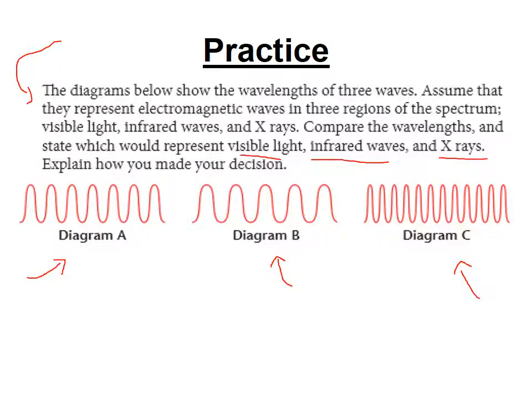And what you need to do is explain which wave corresponds to which term. So for example, does diagram C represent an X-ray? Is it an infrared wave, or is it visible light? So try to use your knowledge of wavelength to sort out which wave belongs to which term.